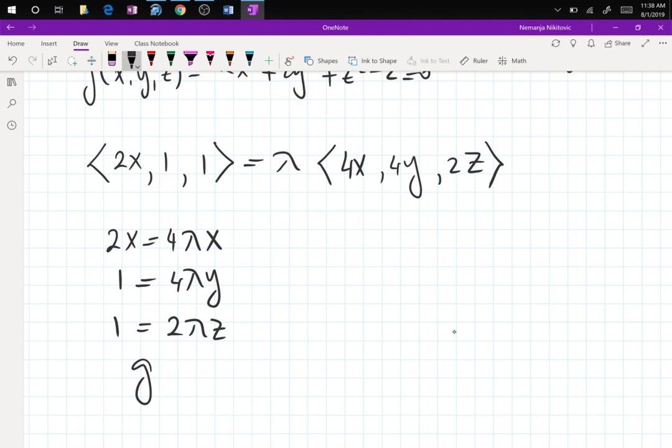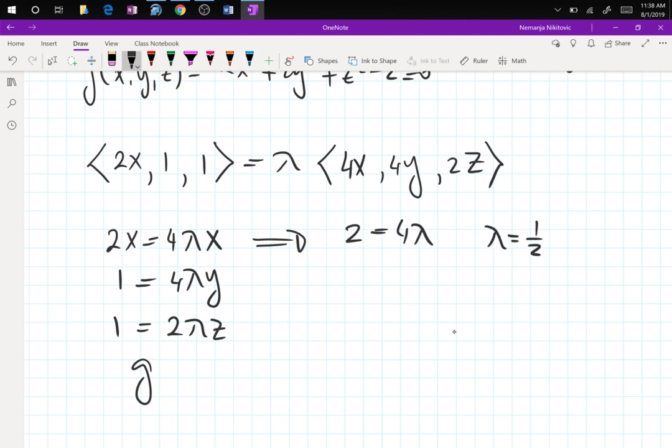Now look at the first equation, guys. It's amazing. You see that x equals x, right? No other variables. X equals x, that means that this equation here means that 2 equals 4 lambda. Lambda is a half.